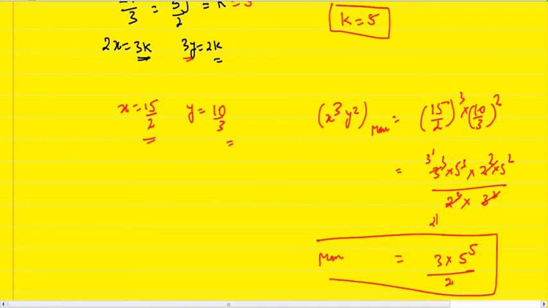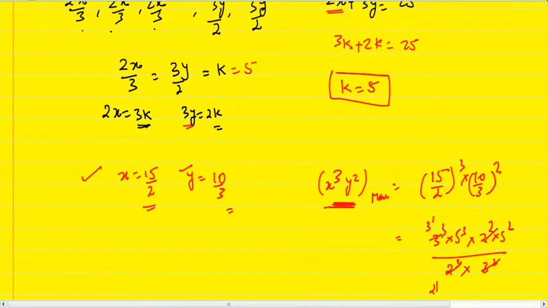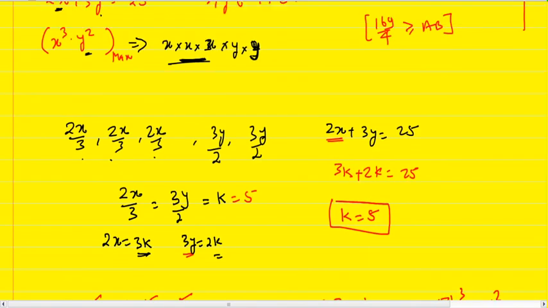Now I'll scroll up. I wanted to copy this down. Here you get one more important result. For this to be maximized, you are able to find out at what values of x and y. The only step that is critical here is this: the product determines the number of terms to be created. I had x cube, so I must divide whatever is the term of x with 3.